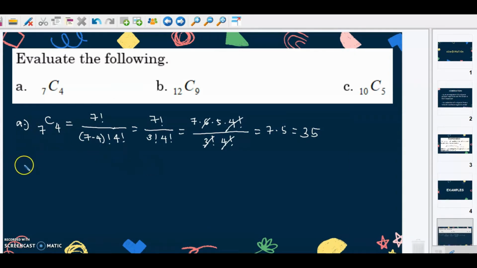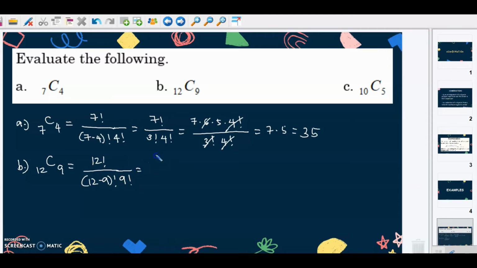Okay, so moving on to the next item that we have. For letter B, we are given the combination of 12 taken 9. Same thing with the previous item, we are going to simplify this using the formula for the combination. So this is equal to 12 factorial over the quantity 12 minus 9 factorial, 9 factorial.